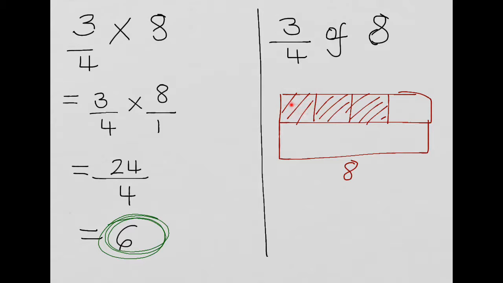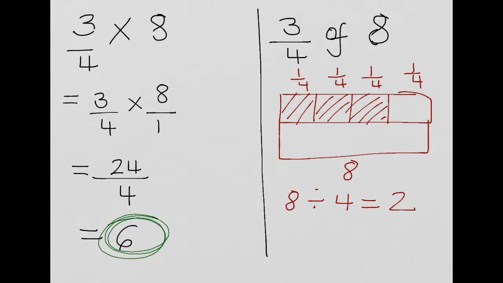So to work out one piece, because there's 4 pieces here, we're dividing. Remember, we're dividing, we're sharing. 8 divided by 4, because I've got 4 pieces I'm dividing my 8 into. I'm sharing it by 4. I get 2. And that means each of these is a quarter, and 1/4 of 8 is 2.